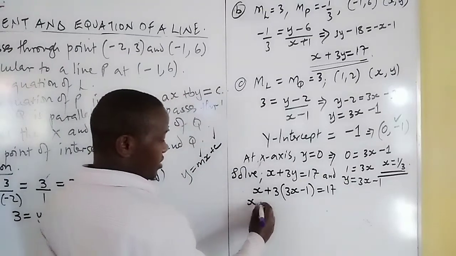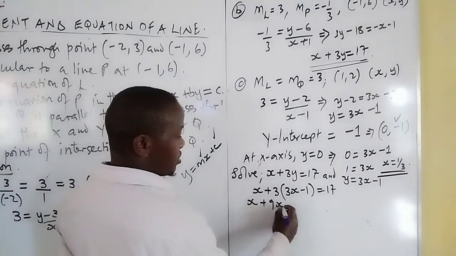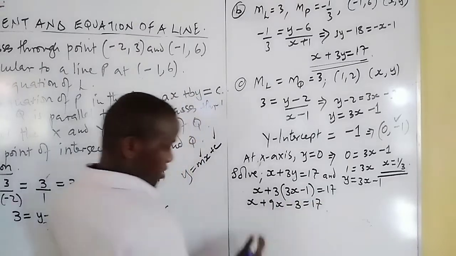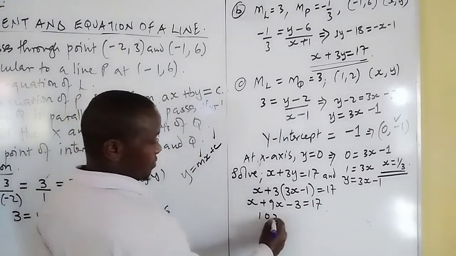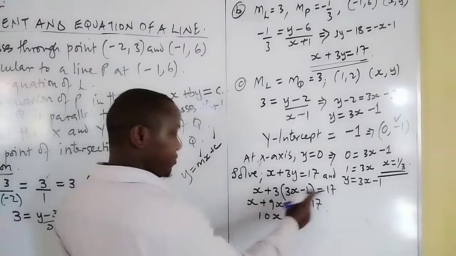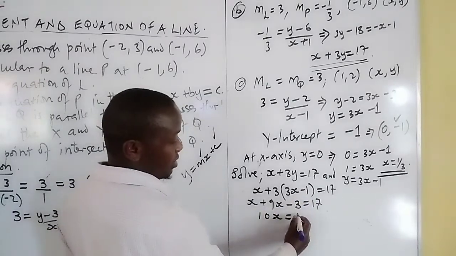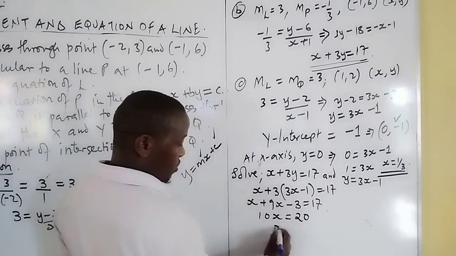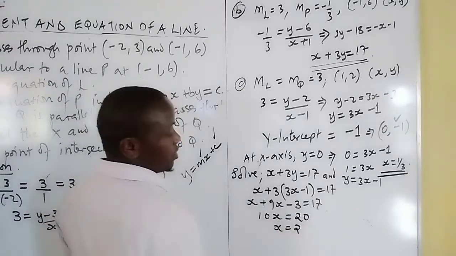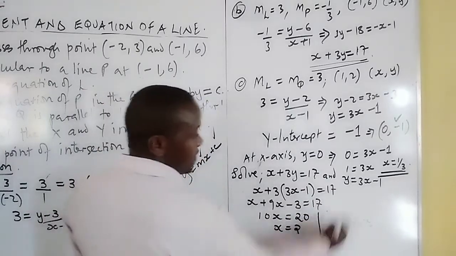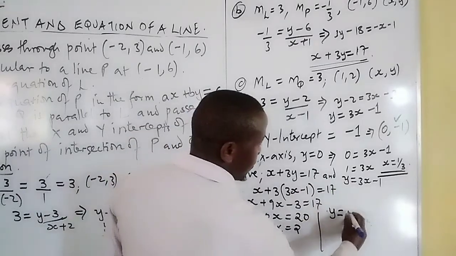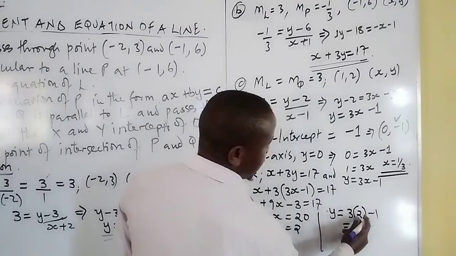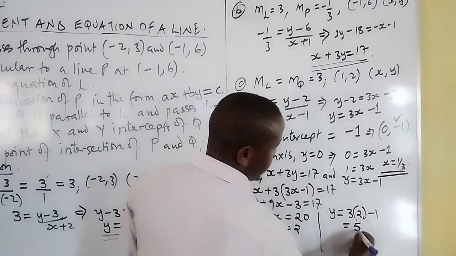So we'll have x plus 9x minus 3 equal to 17. So 10x is equal to 17 plus 3, the 3 becoming positive on that side, so 20. So x is equal to 2. If x is 2, then y will be 3 times 2 minus 1, so 6 minus 1, we get 5.